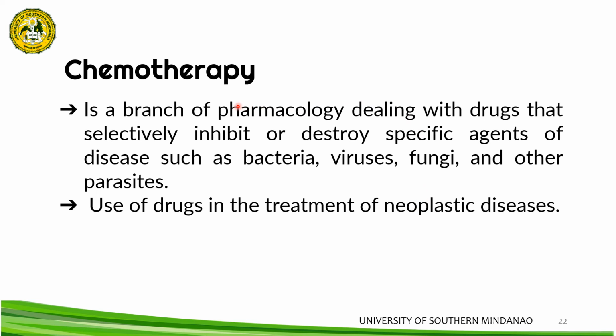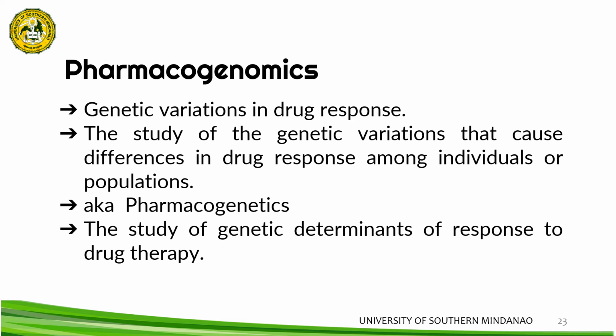So the bottom line here is that the antimicrobial agents will only selectively inhibit or destroy bacterial agents. And the same is true for other chemotherapeutic agents. So we also have pharmacogenomics. So pharmacogenomics is the study of the genetic variation in drug response. It is the study of the genetic variations that cause differences in drug response among individuals or populations.